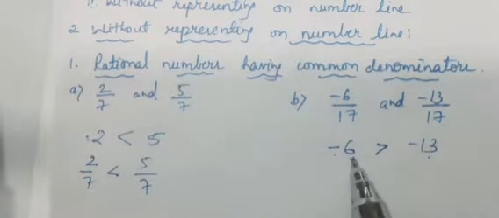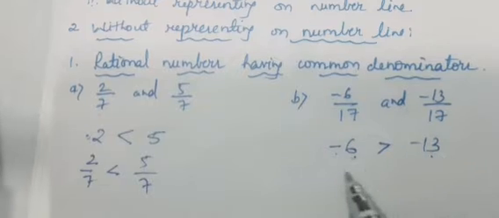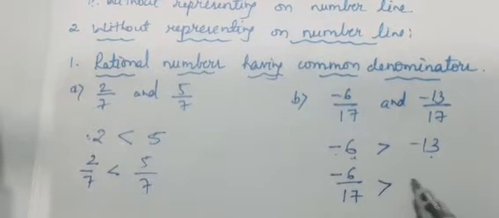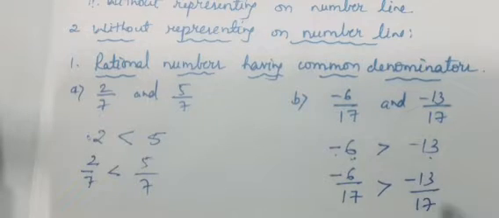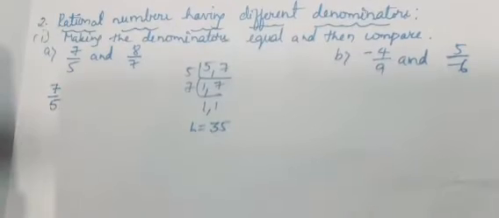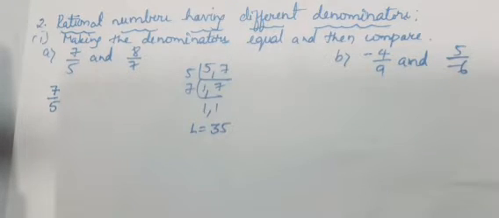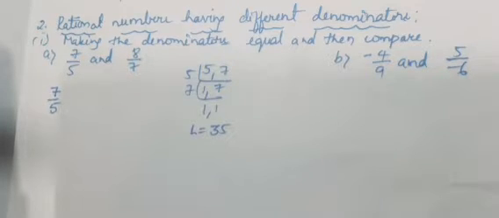So here minus 6 is greater than minus 13. Therefore, we write minus 6 by 17 is greater than minus 13 by 17. Children, if the denominators of the rational numbers are the same or common, then we compare only the numerators and say which rational number is greater.